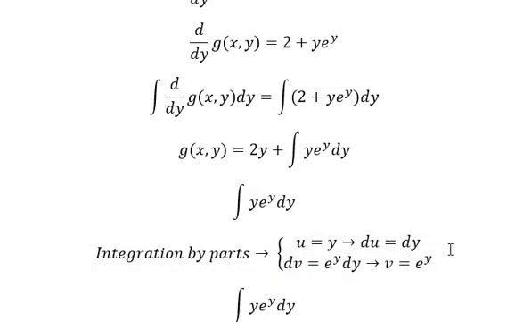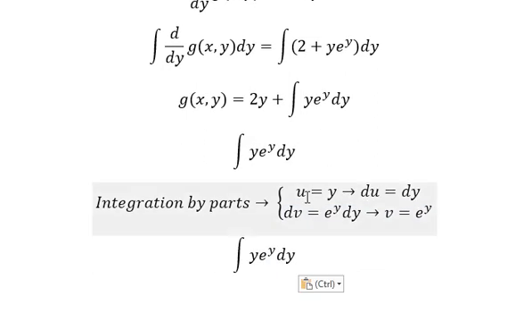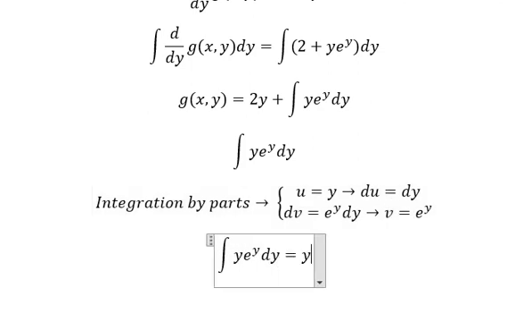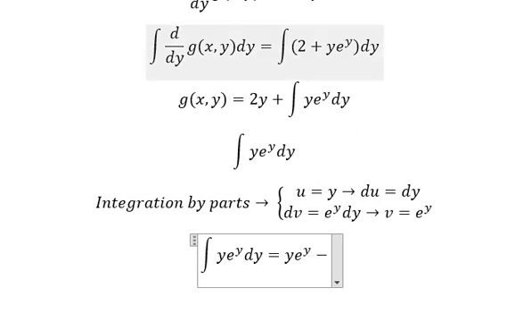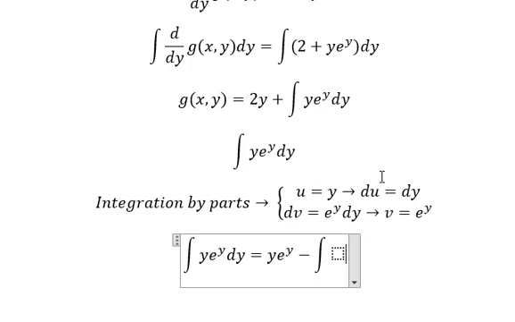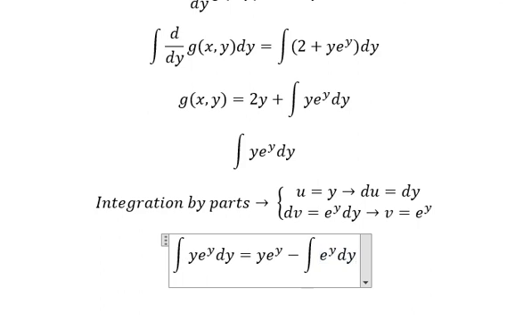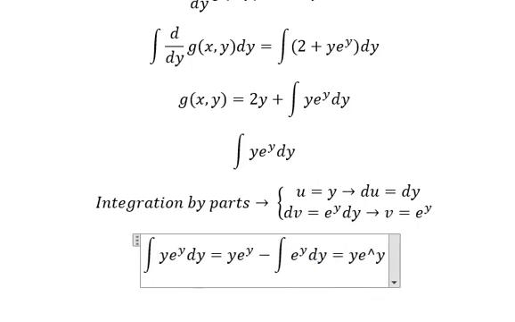So in this situation, we can have u multiplied with v, and you got about y e to the power of y minus, we have the integral du multiplied with v. So you got about e to the power of y dy, and we got the final answer.